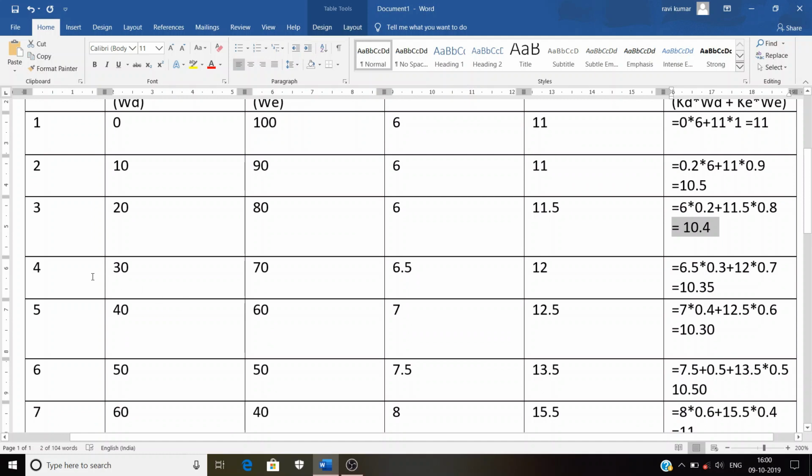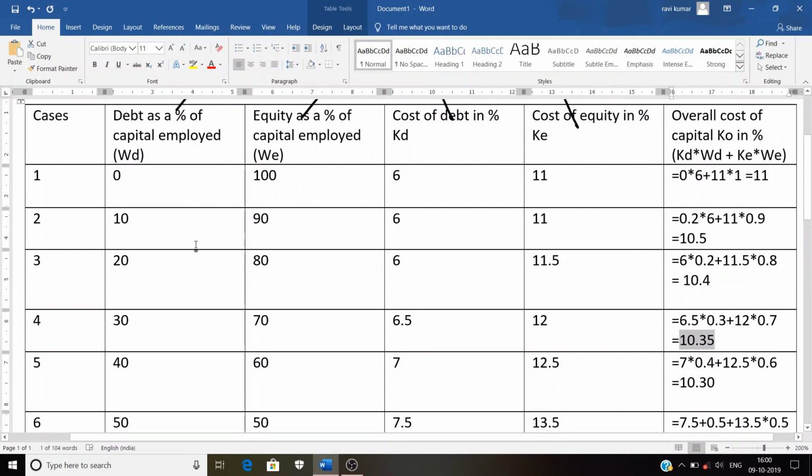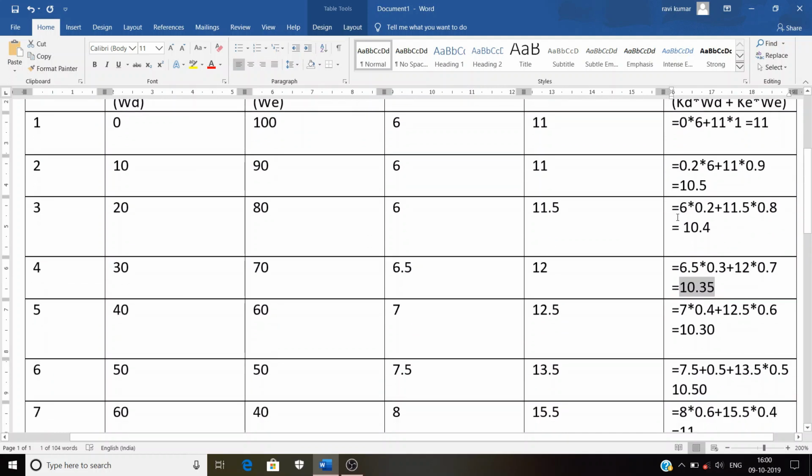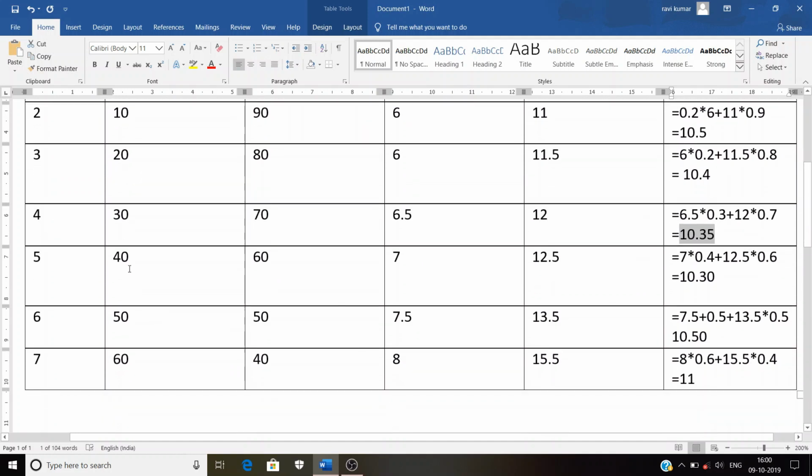In the fourth case, when our weight of debt is 30 and our equity is 70, our overall cost of capital declined further, that is 10.35. So as you can see here, as much as we are taking debt initially, our overall cost of capital is decreasing. In the fifth case, our weight of debt is 40 and weight of equity is 60 and our overall cost of capital declines further, that is 10.30.